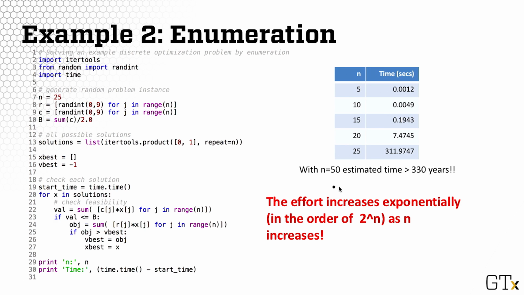This is what makes this algorithm particularly bad, because as the problem size increases, the effort of this algorithm increases very, very fast. We have discussed that for n equals 50, we estimated that the running time of this algorithm is going to be 330 years on my laptop, which is completely infeasible.